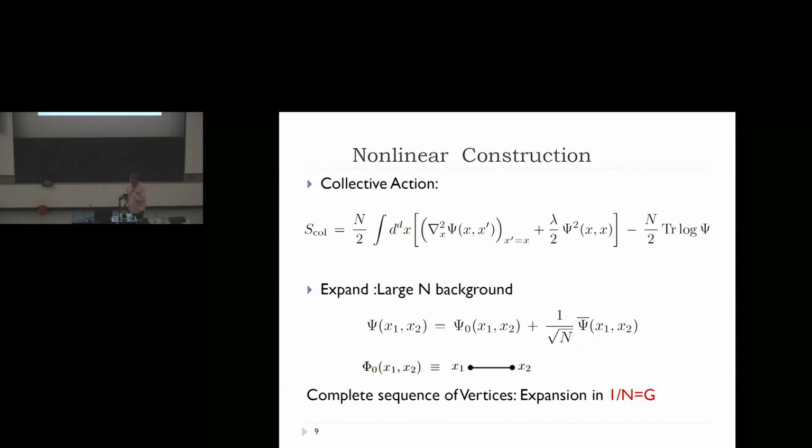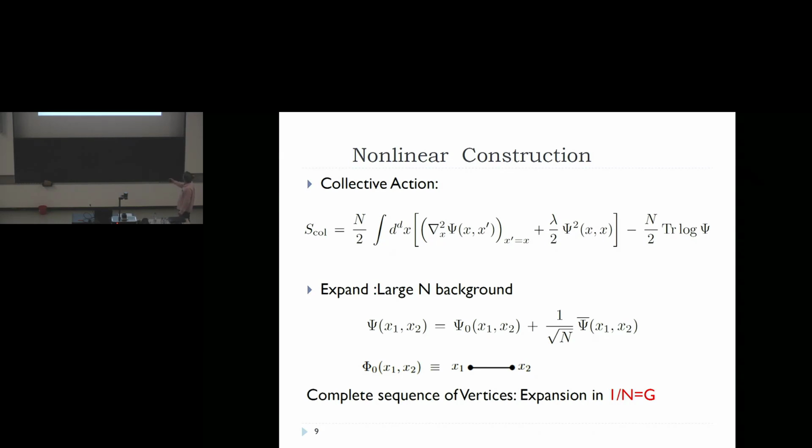kinematics, and here is the full nonlinear construction. So the proposal is fully nonlinear, and it is specified just by one thing, an action, which historically we called the collective action. This is an action which summarizes all the information about large N. N appears everywhere in this action.